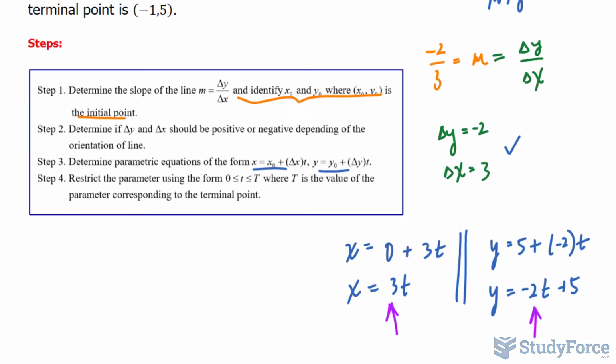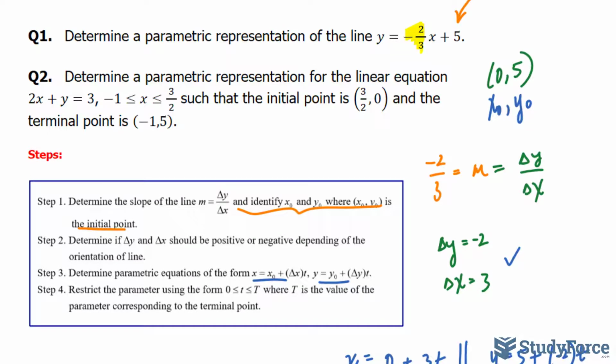I'm skipping step number 4 because the question did not give us any restrictions, and this pertains to when we are given the restrictions and the terminal point, which you see in question 2. Determine a parametric representation for the linear equation, this one, and the restriction is between negative 1 and 3 over 2, such that the initial point is 3 over 2, and the terminal point is negative 1 and 5.